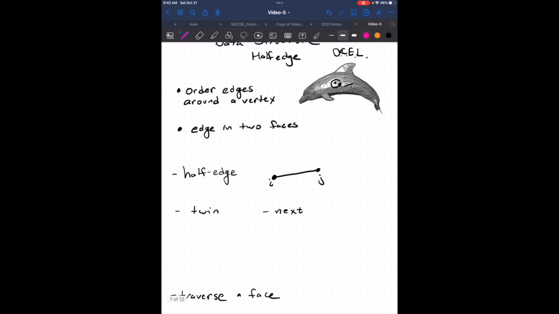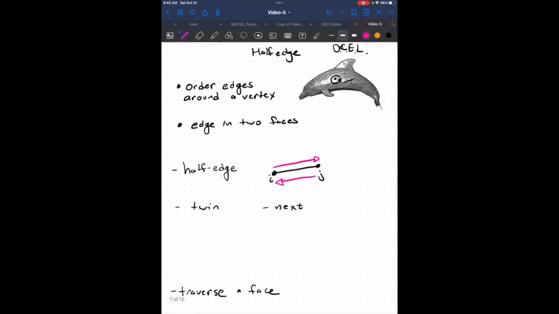And what we're going to do is store things mainly in terms of the edges. So for each edge in our triangulation, we're going to record 2 edges, one going one way and one going the other way. And we'll have some nice functions. For each edge, we'll map to its twin. So t of ij would map to ji, so notice order matters here, and vice versa.